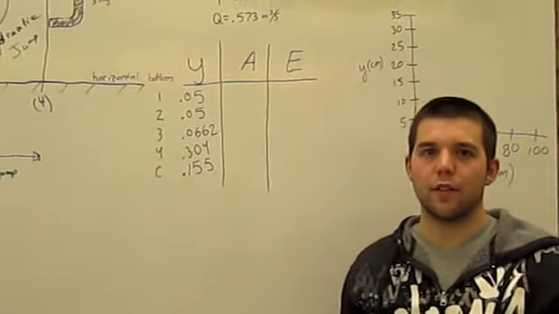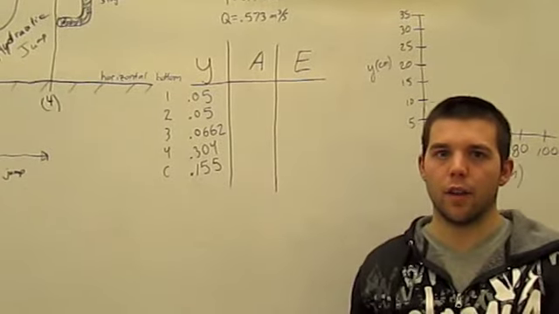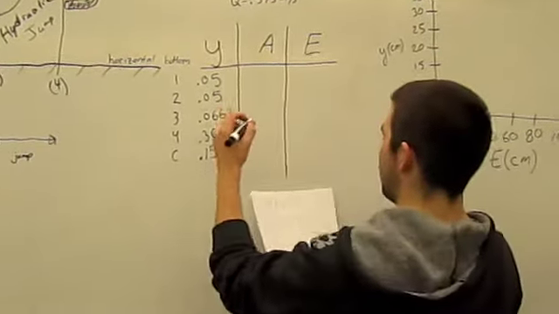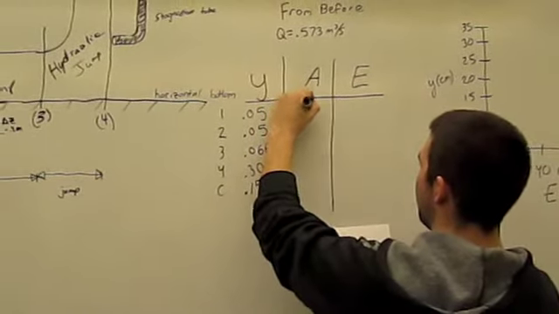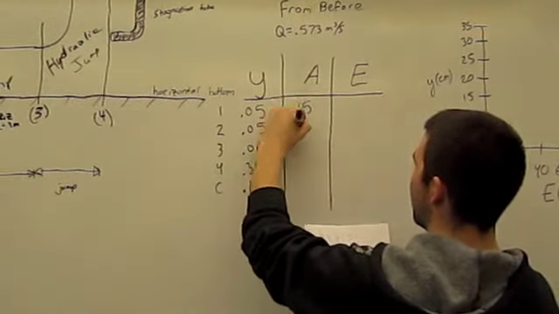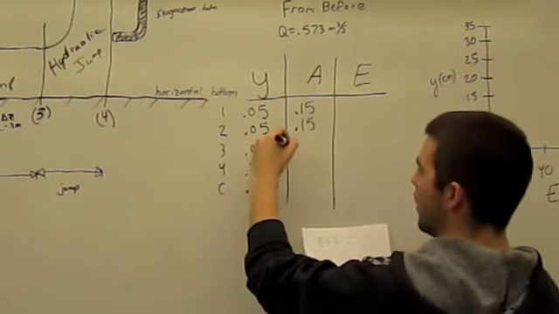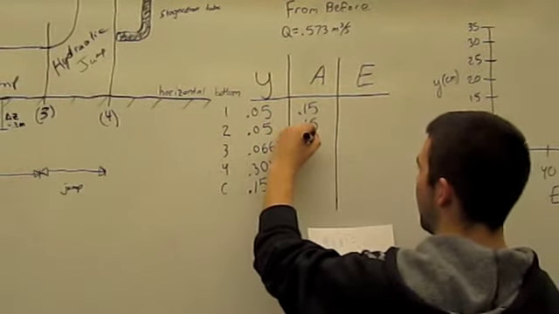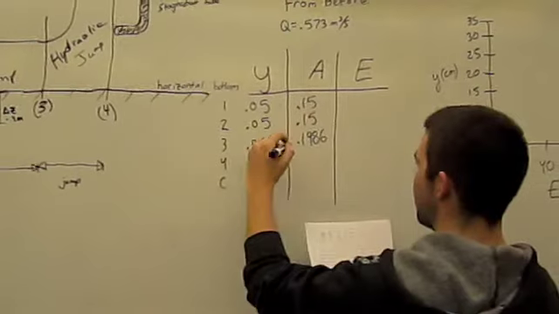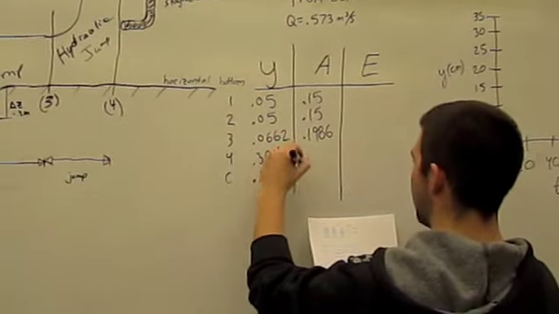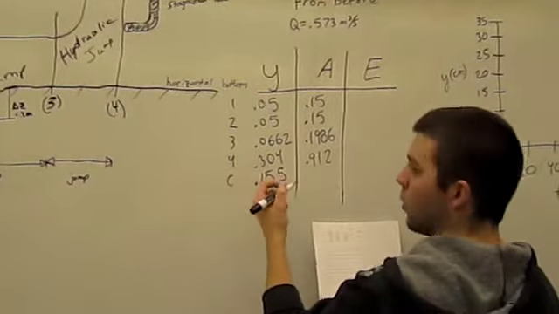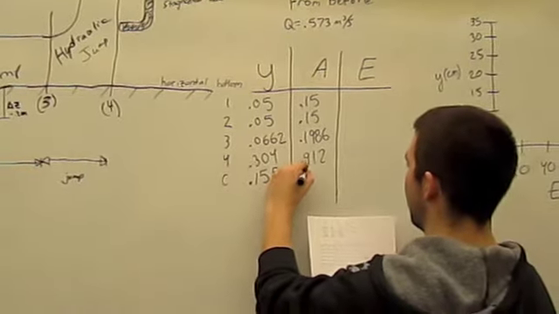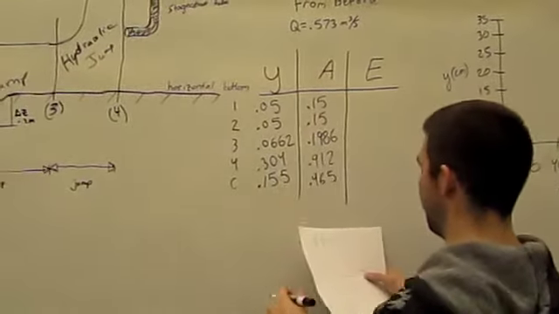So we will multiply each y by the width of 3 to get, for section 1, 0.15 meters squared. For section 2, we'll also get 0.15 meters squared. For the third section, we'll get 0.186 meters squared. For the fourth section, we will get 0.912 meters squared. And for the critical section, we'll get 0.465 meters squared.